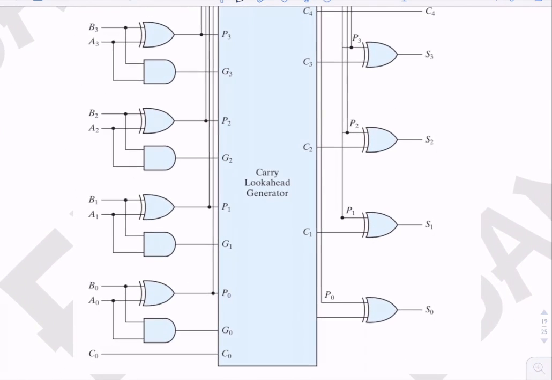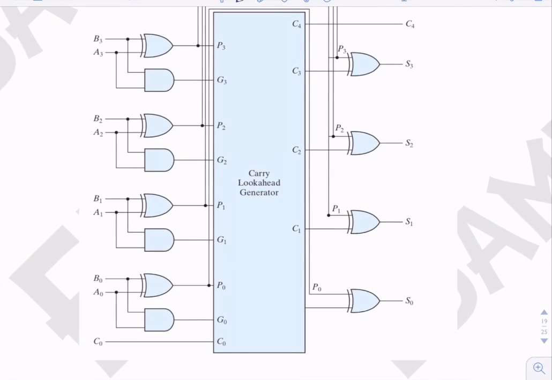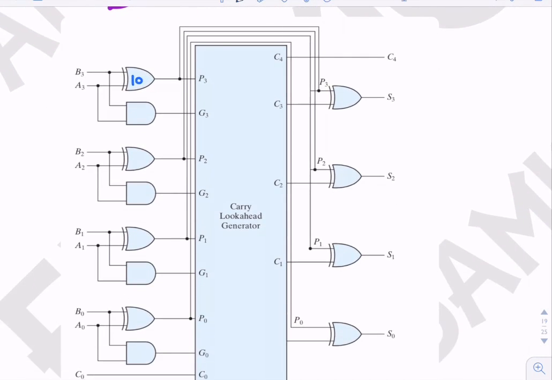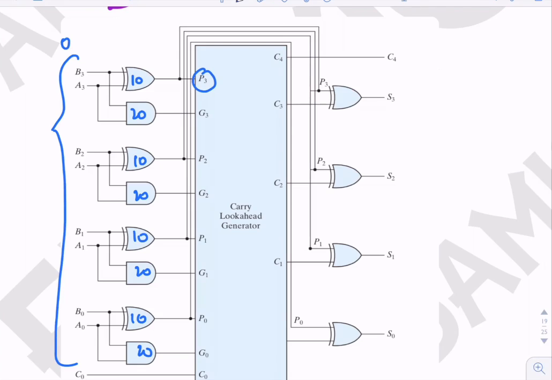It is given that XOR has a delay of 10 and AND gate has a delay of 20. All the inputs are available at t equals 0. All the Pi will be available at 10 and Gi will be available at 20.